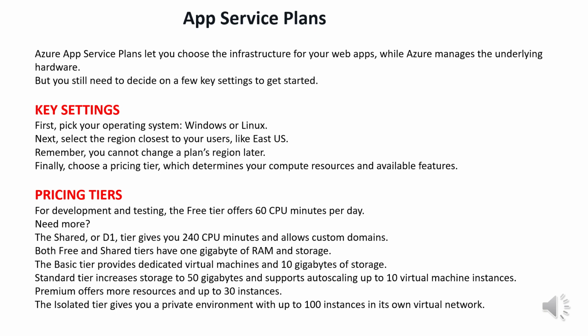The basic tier provides dedicated virtual machines and 10 GB of storage. Standard tier increases storage to 50 GB and supports auto-scaling up to 10 virtual machine instances. Premium offers more resources and up to 30 instances. The isolated tier gives you a private environment with up to 100 instances in its own virtual network.